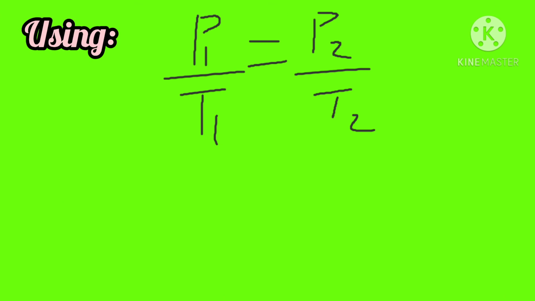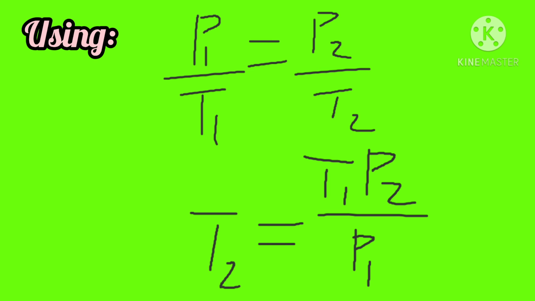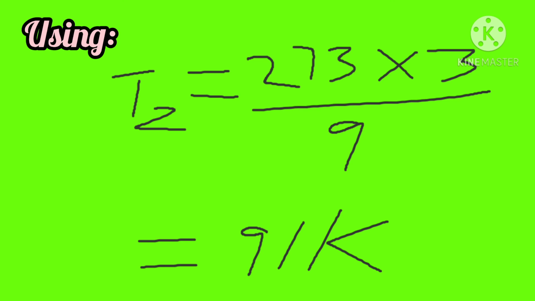Using the formula P1 over T1 is equal to P2 over T2, and making T2 the subject of the formula, we have 273 times 3 over 9, giving us 91 Kelvin. That is the final temperature.